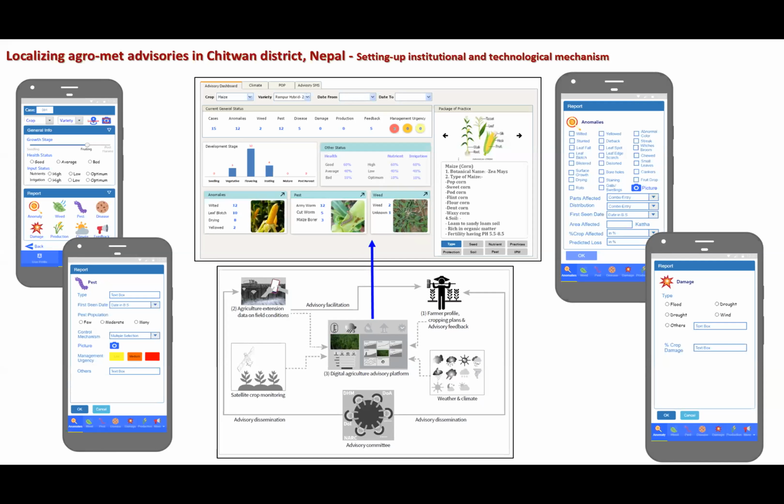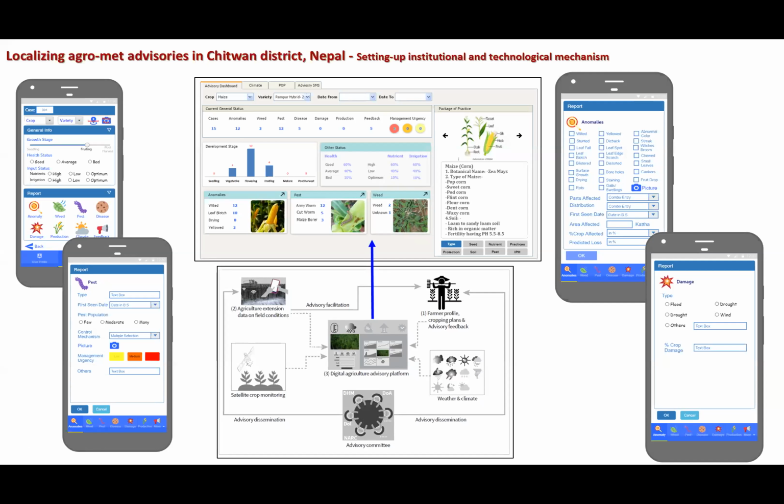Taking this work forward, making use of ICT technologies and observation technologies, we are developing institutional setup as well as technological setup to improve the ability of local institutions to communicate to farmers about the impacts of climate forecast on their croplands.